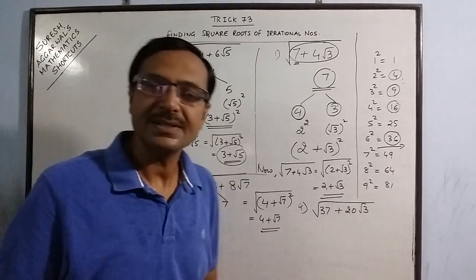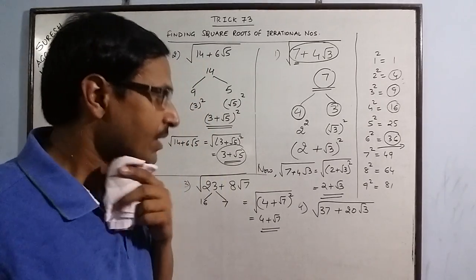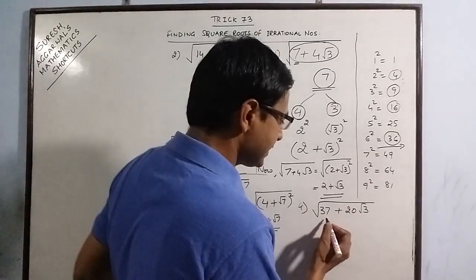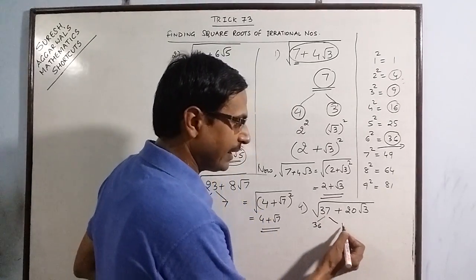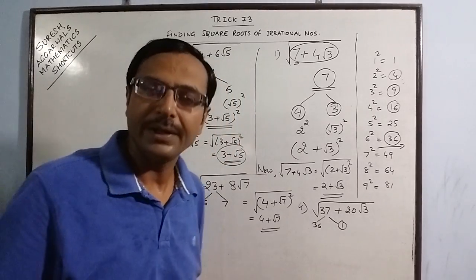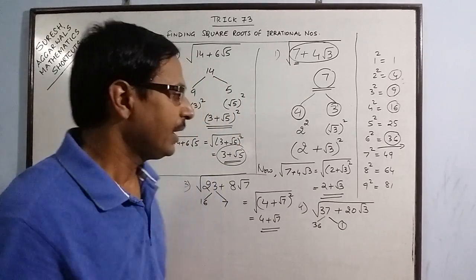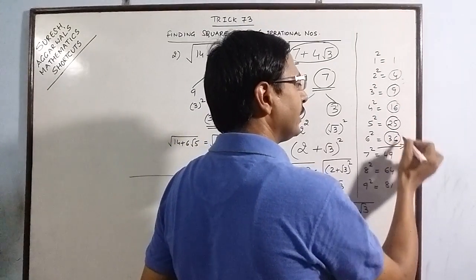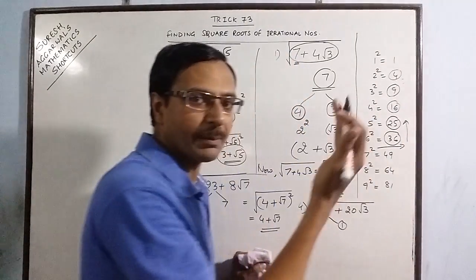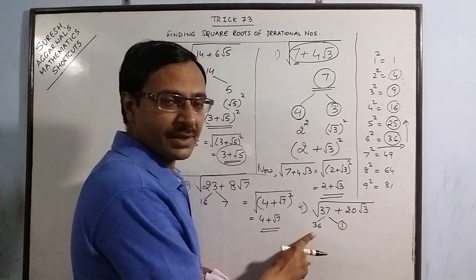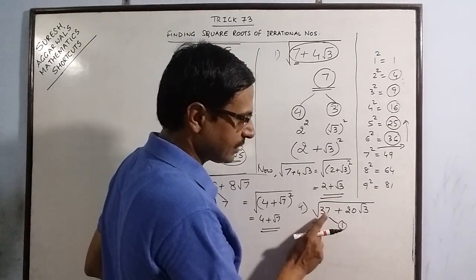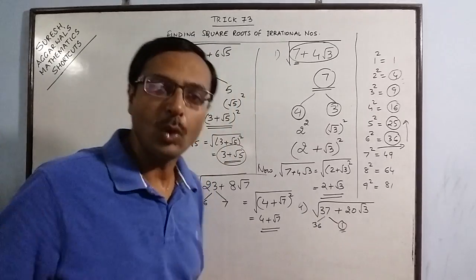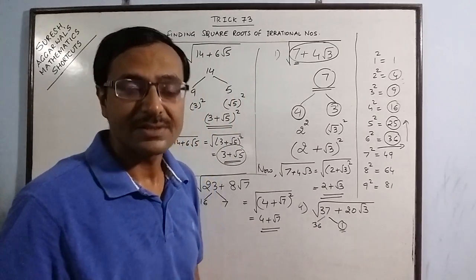But 1 is again a perfect square, and we do not need a perfect square here. 37 minus 36 is 1, but 1 is a perfect square and we do not need a perfect square because the answer will be rational in that case.